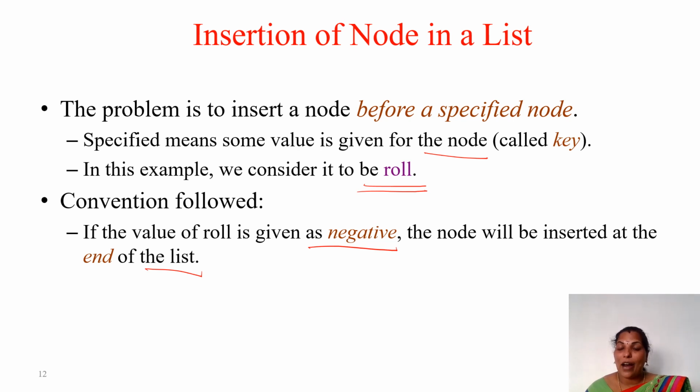Because we have to know the node before which we are going to insert. But if you are inserting at the end, there is no after node; null is there. So if the roll value is given as negative, the node will be inserted at the end of the list. This is very, very important. You need to consider this.